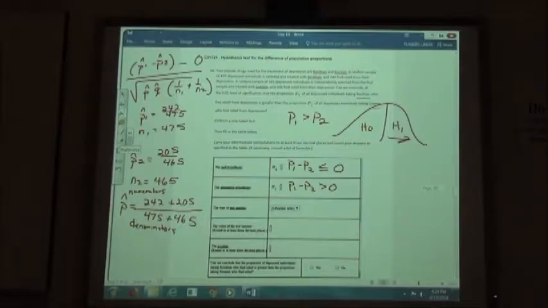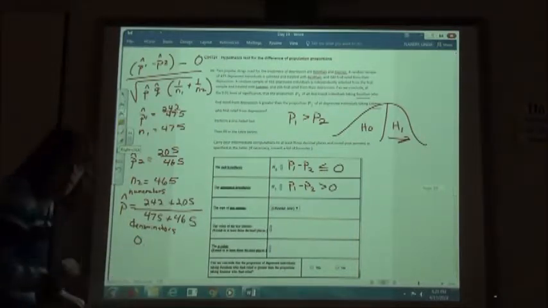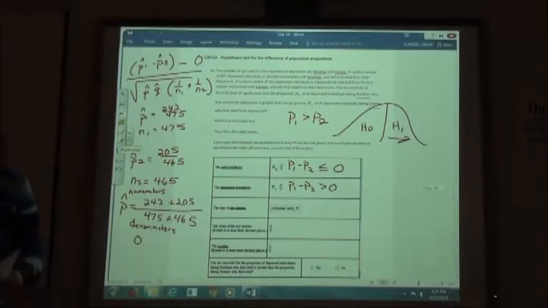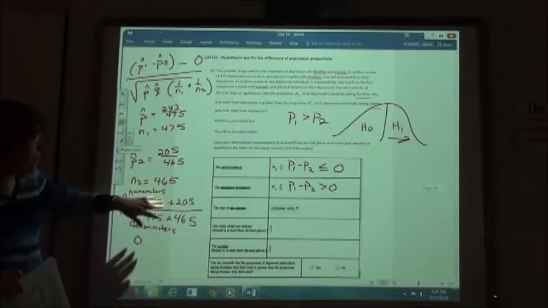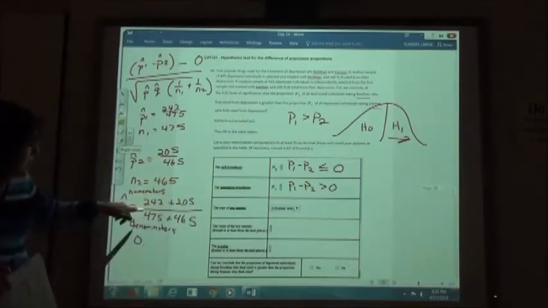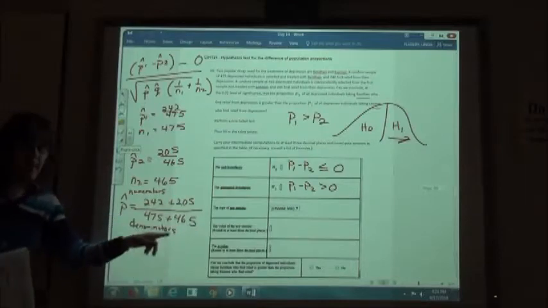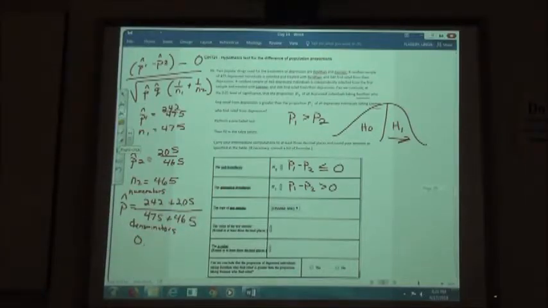And so, when we calculate p hat, if you take 242 plus 205 over 475 plus 465, make sure you do it on the calculator. You put this on top, highlight it, and divide it by the bottom. The whole thing has to be on the bottom.